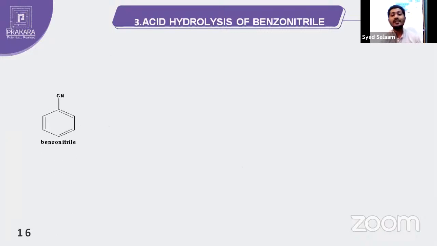So next is benzonitrile, or cyanobenzene, as we can call it. It is benzene having a CN or cyanide moiety, which is also regarded as a nitrile. When this benzonitrile gets hydrolyzed with water, it gives us benzoic acid.